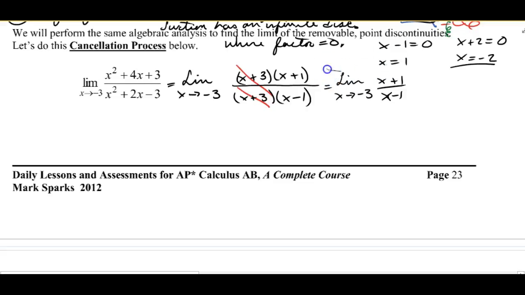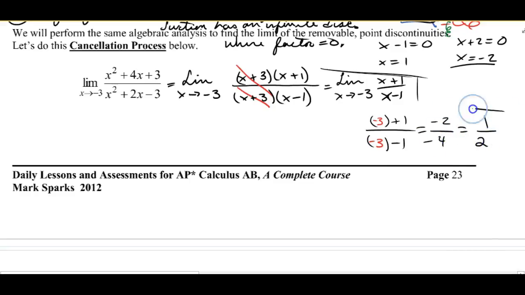Now I can use direct substitution, and I can evaluate this for negative 3. Plug in my negative 3, direct substitute, and evaluate. Negative 3 plus 1 is negative 2. Negative 3 minus 1 is negative 4. Negative 2 divided by negative 4 is 1/2.